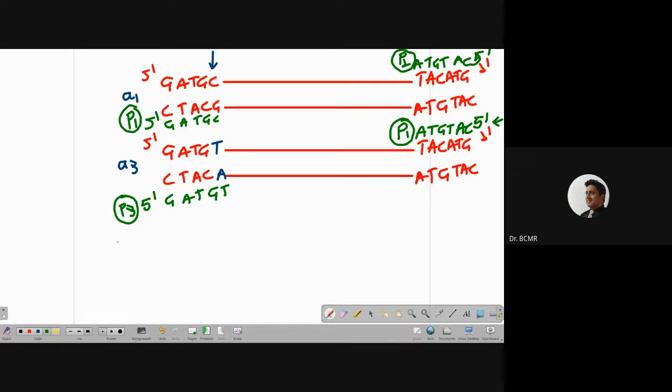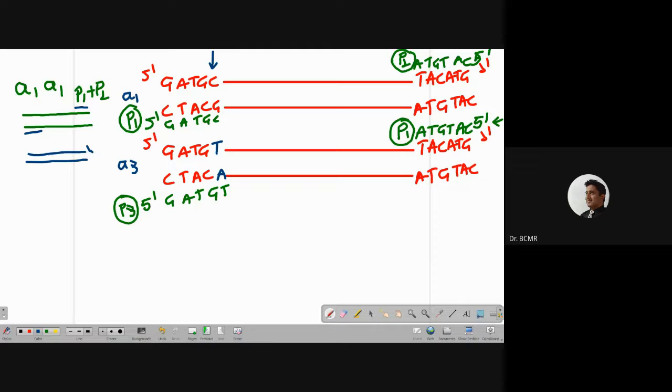Now, think about if a person had the A1 allele, A1 and A1. That means that person would have DNA something like this, and if I use P1 and P2 primers, P1 will bind here, P2 will bind here, and will give a product eventually after several rounds of PCR, right?